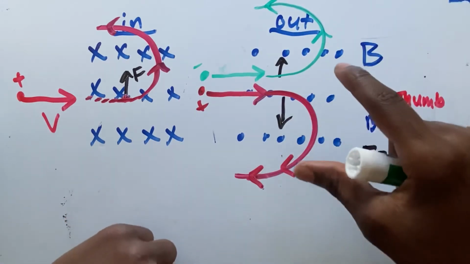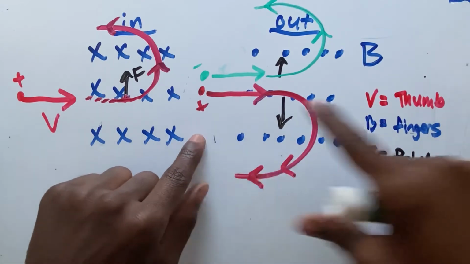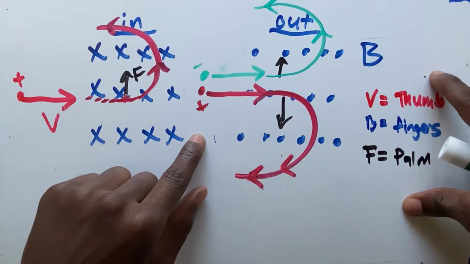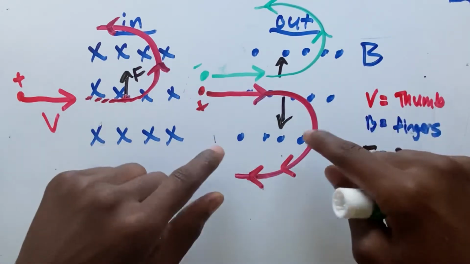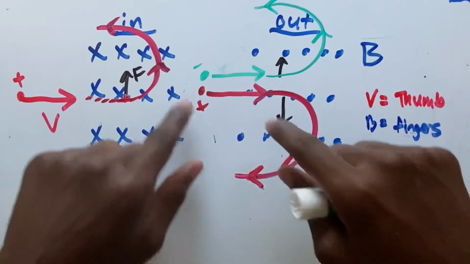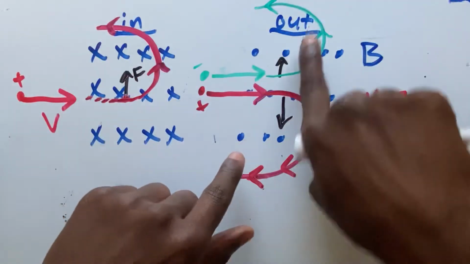It's important to make this difference here. So a positive charge always follows the right-hand rule, basically. But for a negative charge, it follows the opposite of the right-hand rule. So for a negative charge, if the right-hand rule says downwards, it's going to be the opposite. It's going to be upwards.